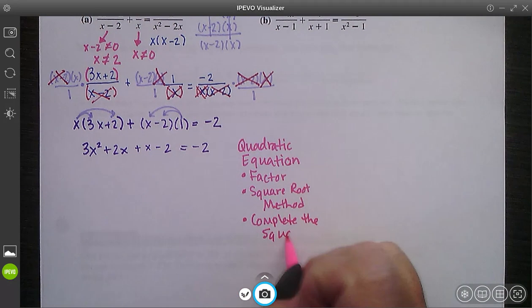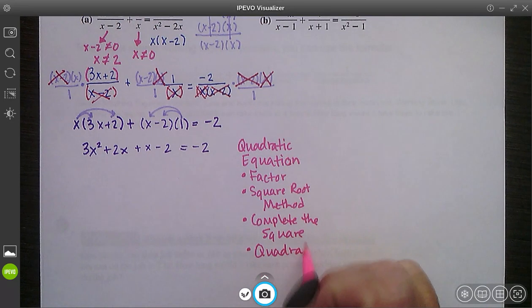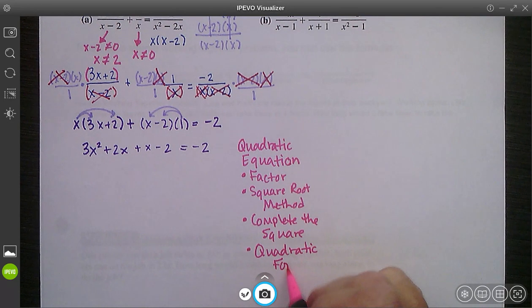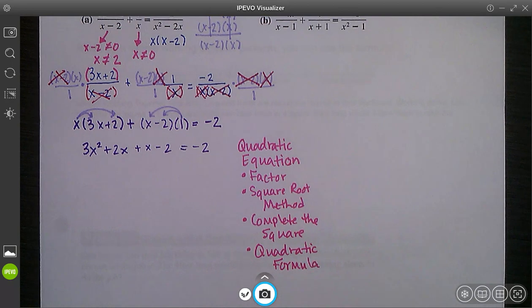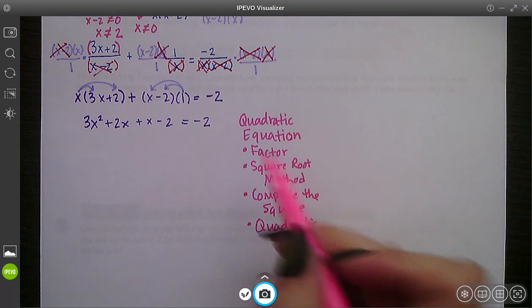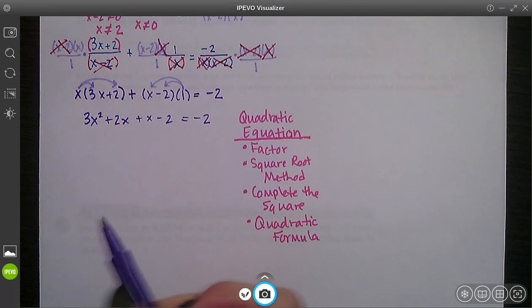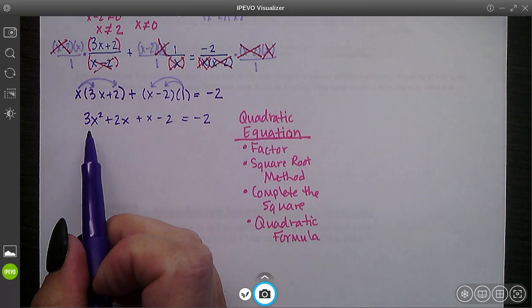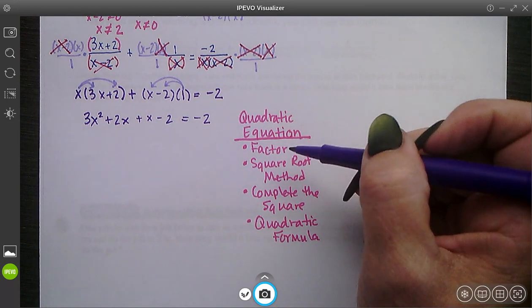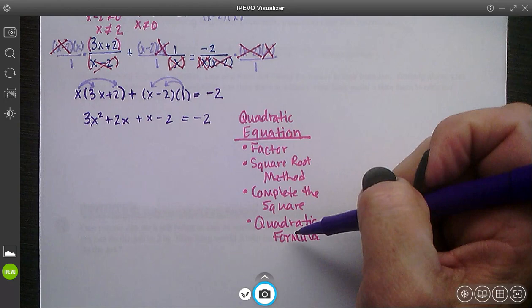Or we could use the quadratic formula. The way that you solve these is going to be really up to you. So if I solve one a different way than the way you solve it, we should still get the same answer, and that's okay. So it's a quadratic equation. I will probably either factor it or use the quadratic formula.